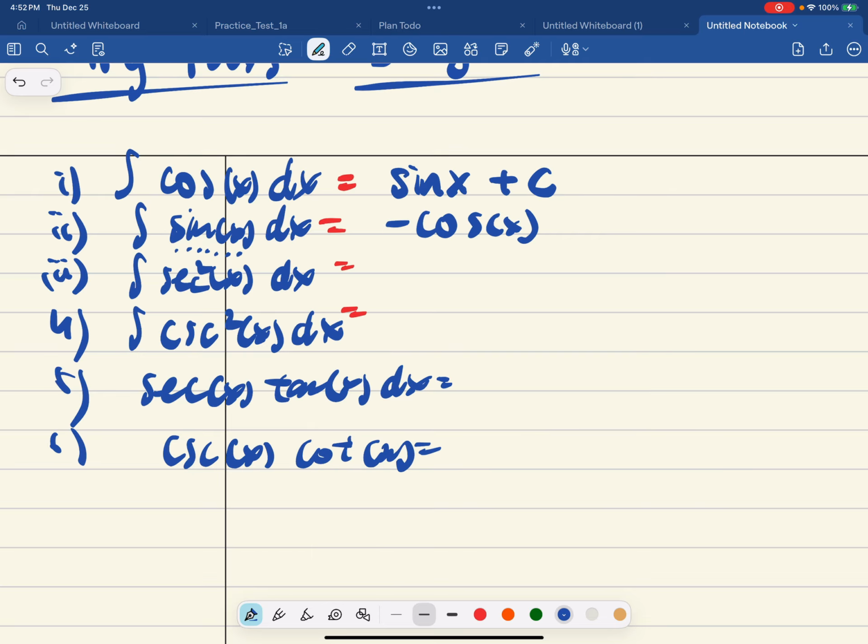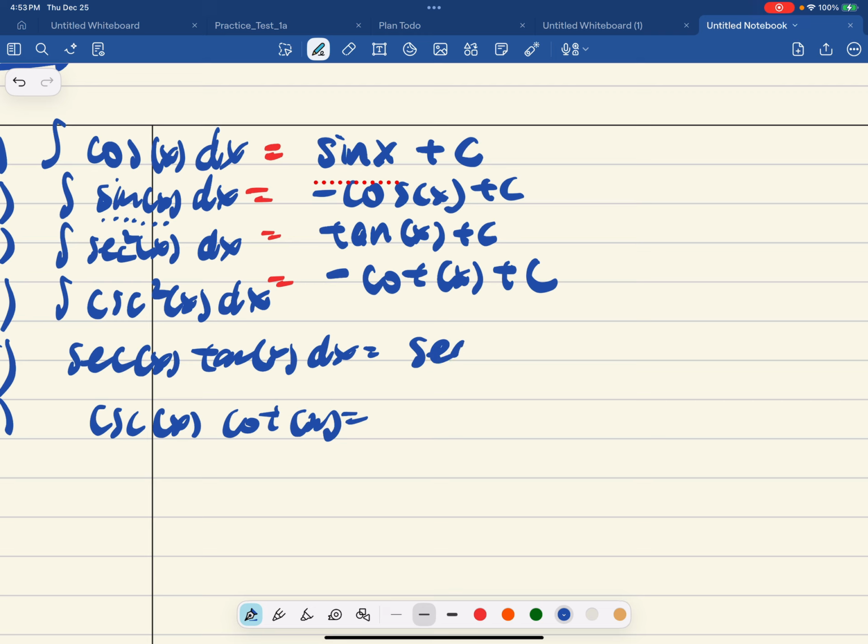And it's just a vice versa kind of question. This is tan. This is minus cotangent x plus c. Because when you integrate cotangent, it becomes negative cosecant square. But right now we don't have a negative on the cosecant square, so we just need it on the other side. Plus a c, secant x plus another c, and negative cosecant x plus c.